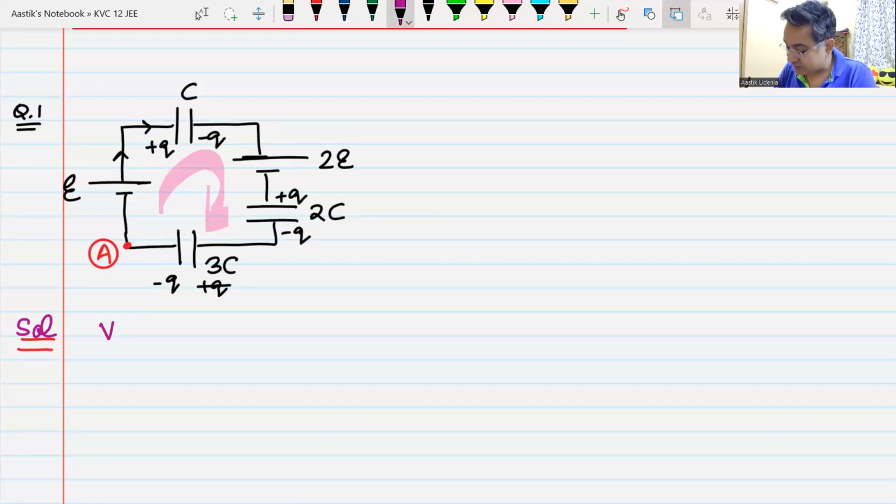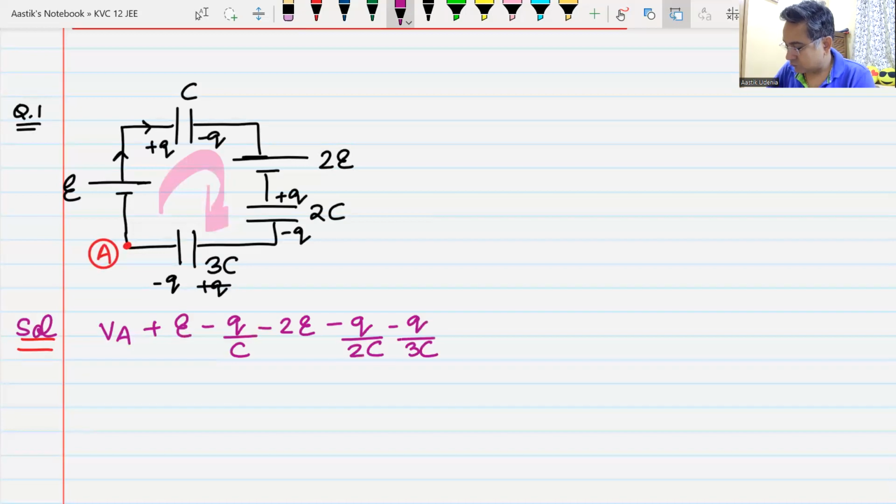So my equation looks like this. Anyone can tell me the equation? VA plus E minus Q by C, plus E minus Q by C, minus 2E minus Q by 2C, minus Q by 3C equals VA.